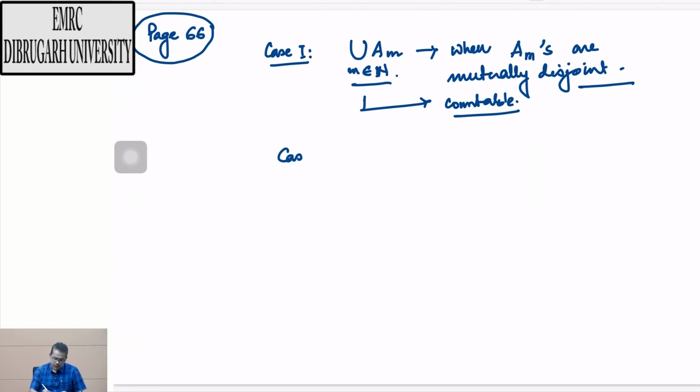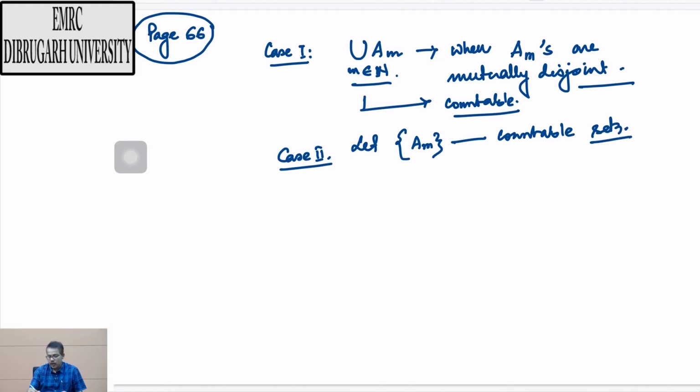Now, in case 2, we are not imposing any extra condition other than that the A_m are all countable sets. They may be disjoint or they may not be disjoint; they may have some common elements. Then what happens?